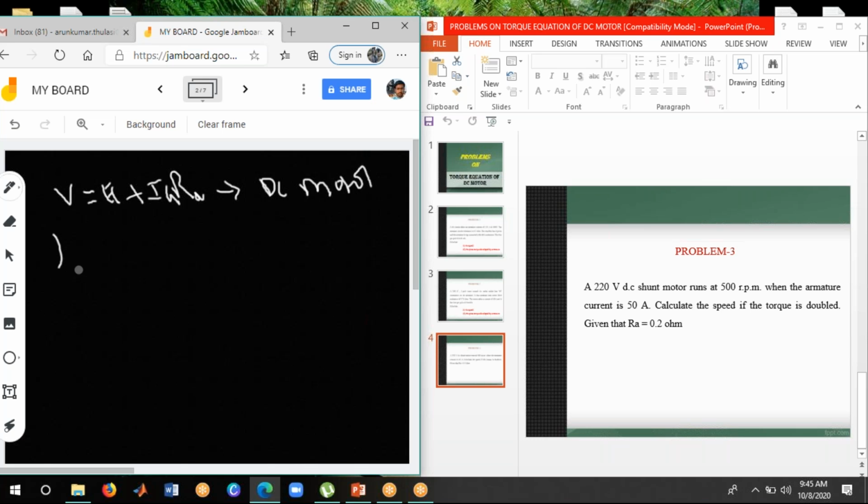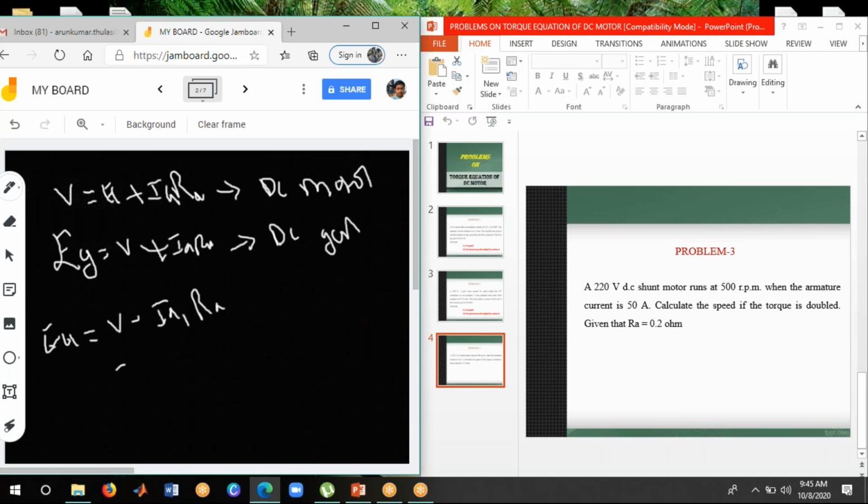Next, EG equals V plus IARA. This is the equation for a DC generator. Just remember that. Now we need to find EB1. So EB1 equals V minus IA1 RA.